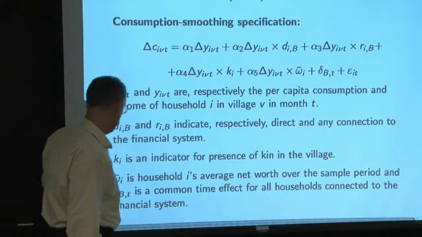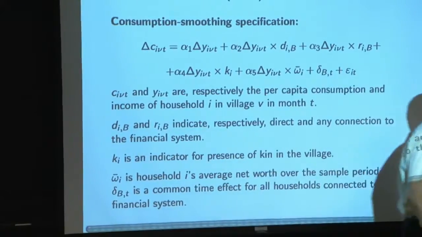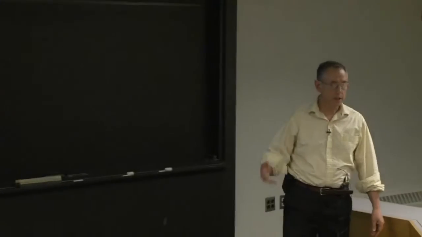And then this is controlling for net worth. I mean, as you've seen from the previous slides, the relatively poor people, at least in India, were more vulnerable. So knowing that a priori, we want to take that effect out and control for it, at least in this additive way.